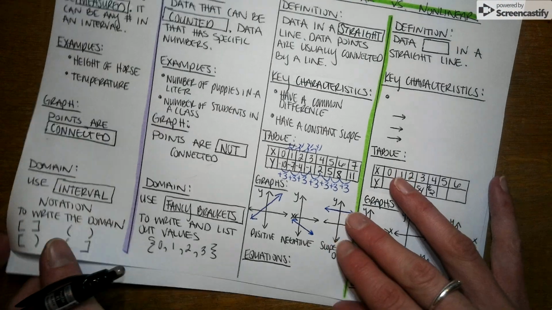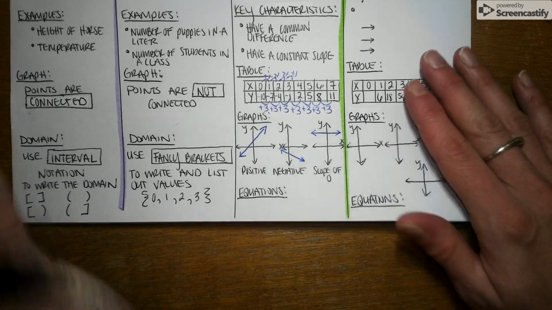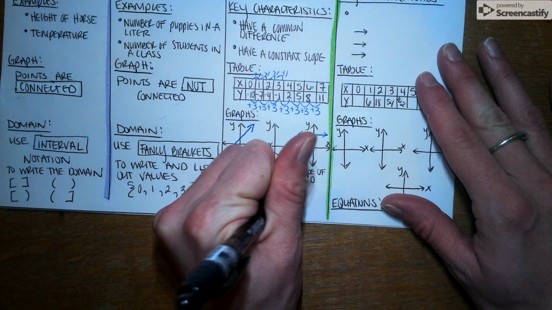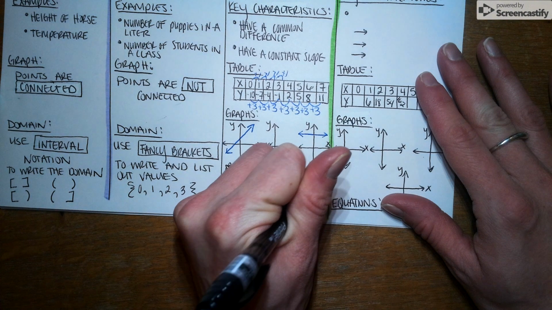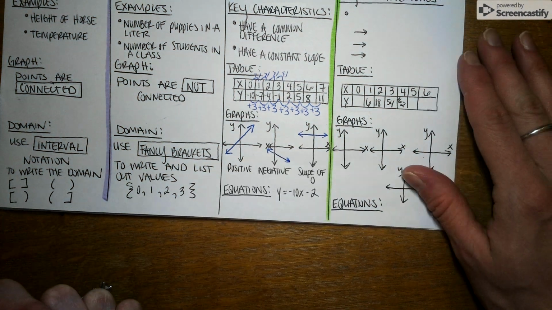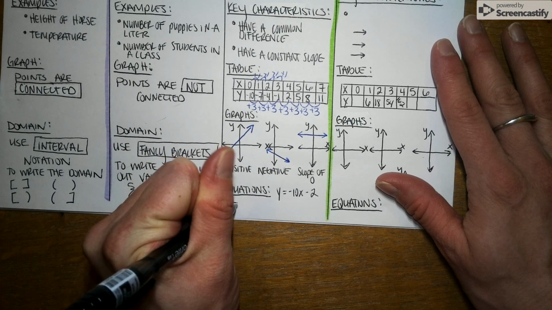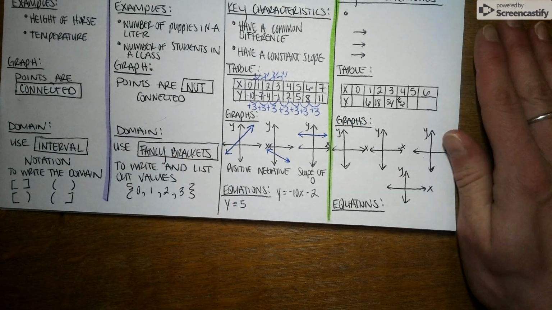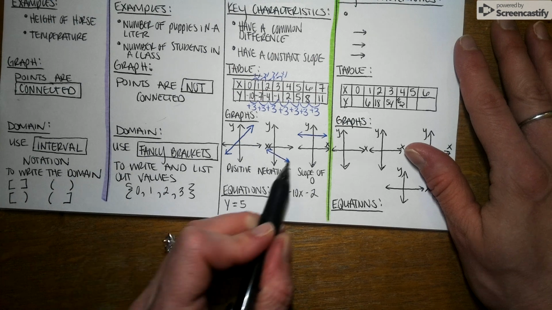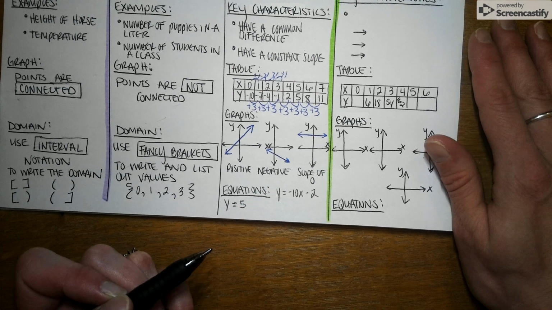Another example of a linear equation would be y = -10x - 2. Another example could be y = 5. That would be a straight horizontal line at y = 5.